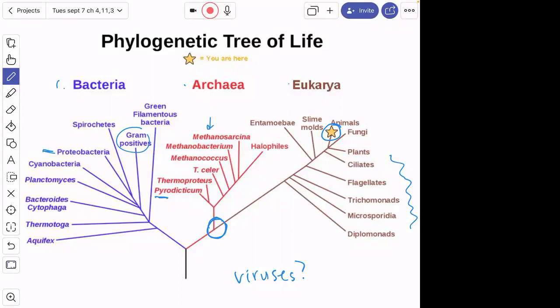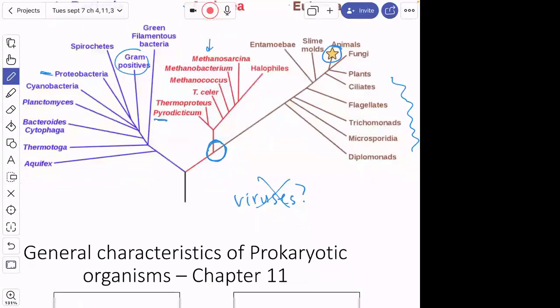So they're not actually on this list, and most often are really not considered alive. There's some disagreement about that in the scientific community, but mostly it's agreed that they don't satisfy the characteristics you would need to be considered alive. So we'll talk more about that later. Just wanted to throw that in there.